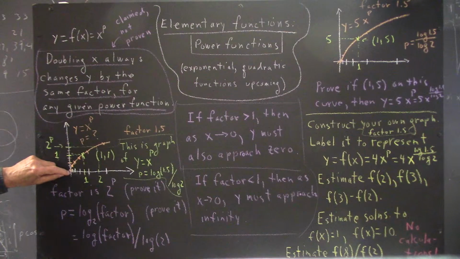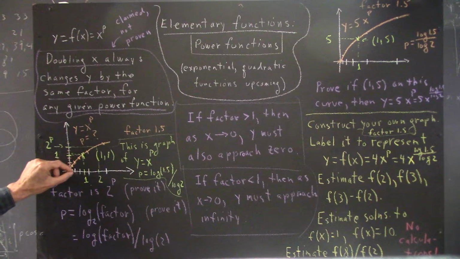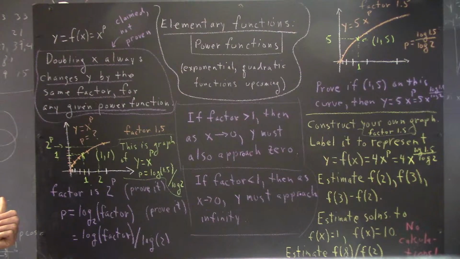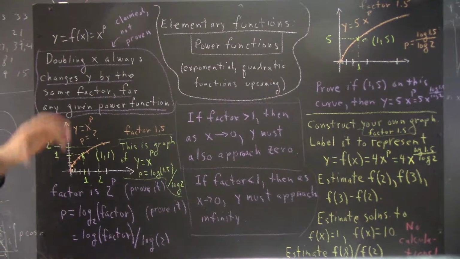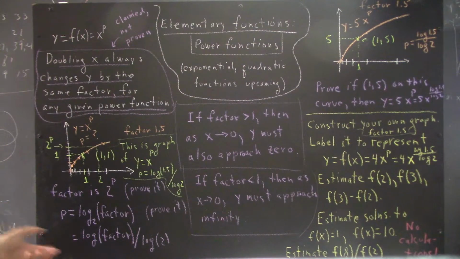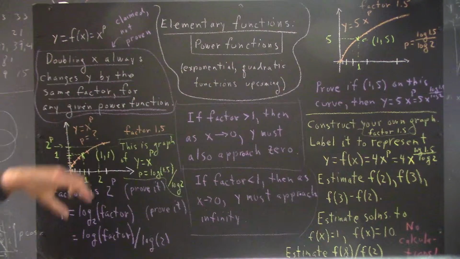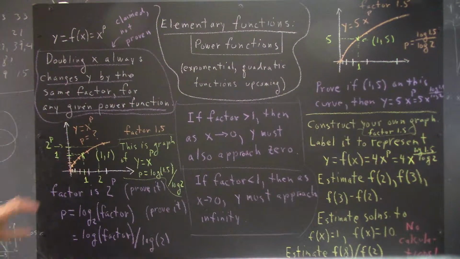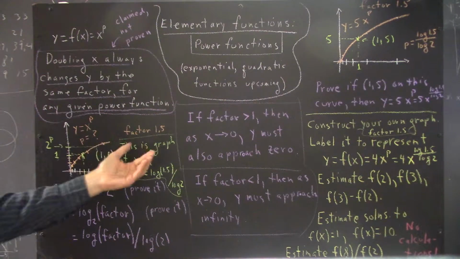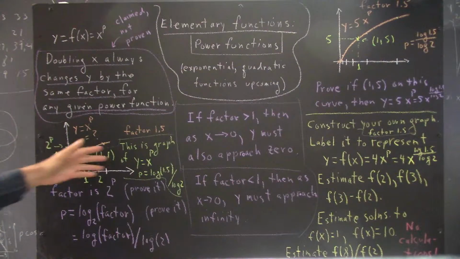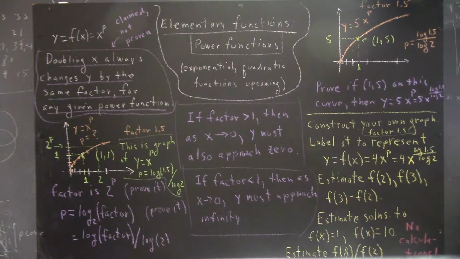But if we went twice as close, then let's see, since the y value changes by factor 1.5 when we move in this direction, the y value will change by the reciprocal factor, which is 2/3. 1.5 is 3/2, reciprocal of that is 2/3. You should understand that immediately. If not, you should think about it, just by way of understanding what fractions and reciprocals and so forth are telling you about this situation.